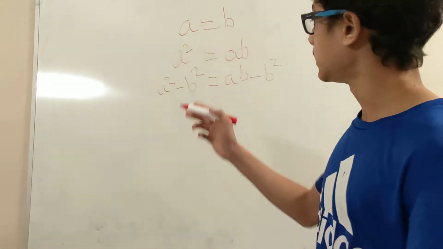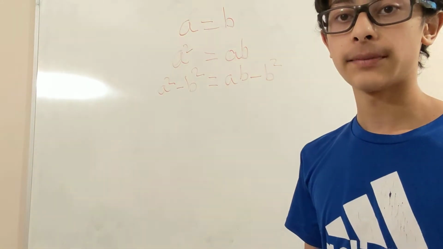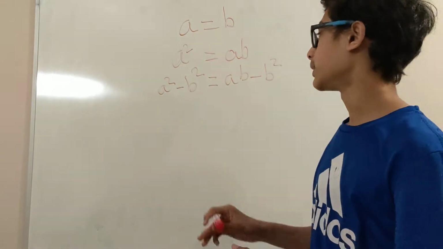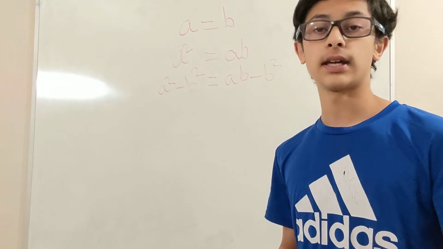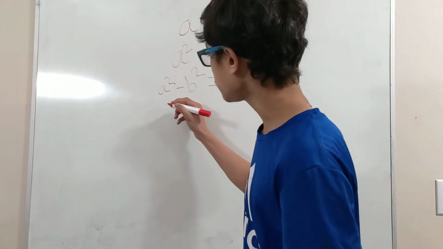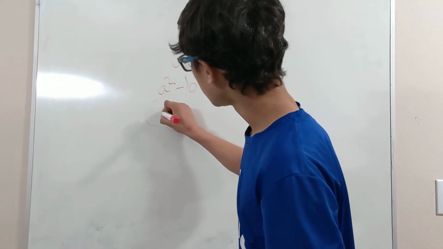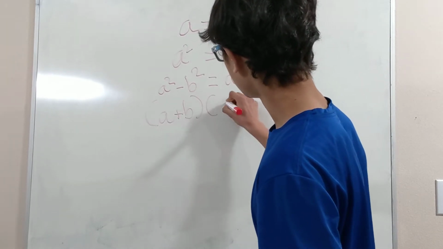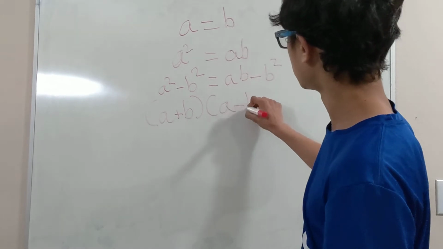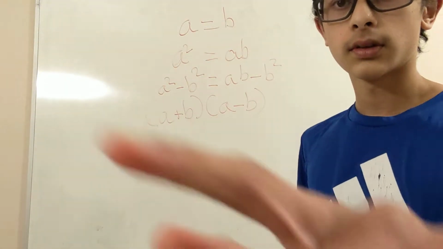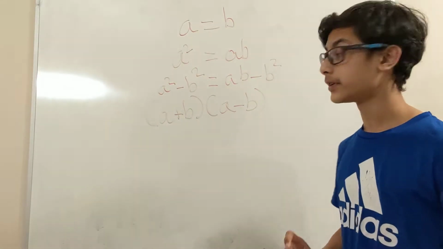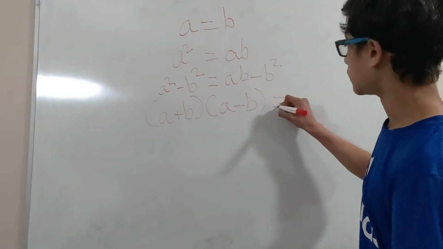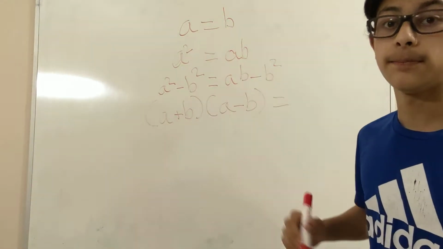Then we can simplify. If you've taken algebra, you probably know that A squared minus B squared can be simplified down to A plus B times A minus B. And this equals, here we can take a B common.